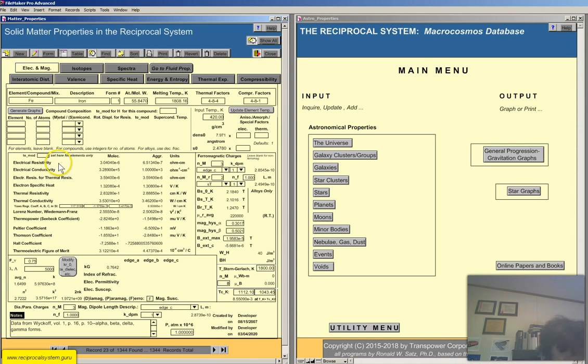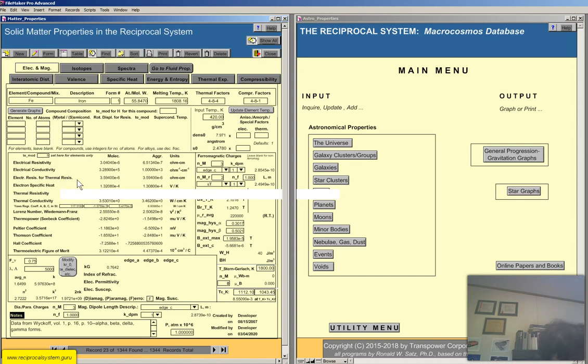So electrical resistivity, both for the molecular calculations and for the aggregate. And the units are given in this column here. So we have resistivity, then we have conductivity. We have resistance for thermal resistivity, which is a little bit different, can be different.